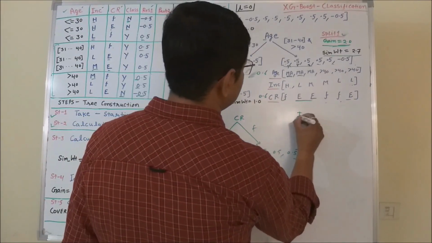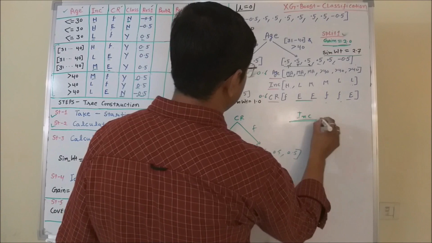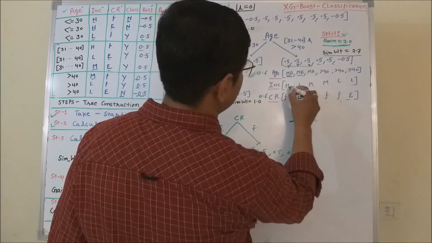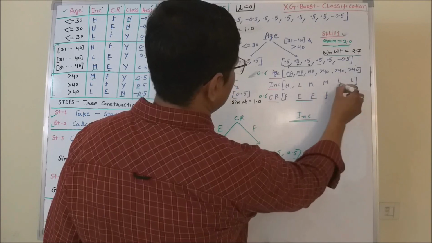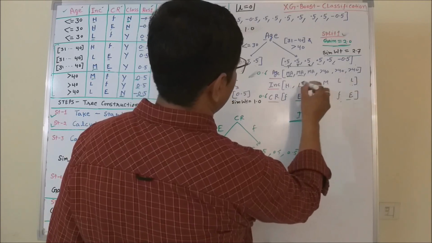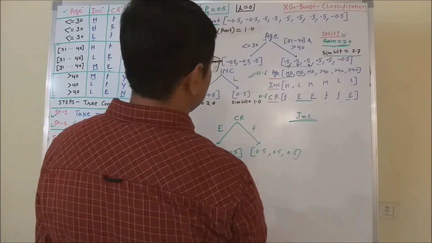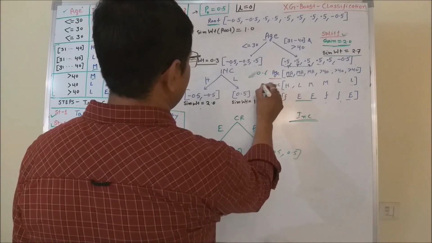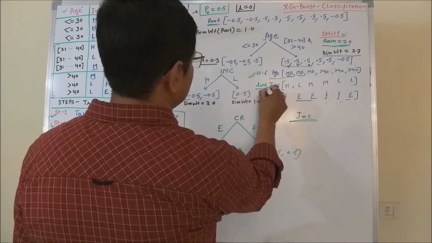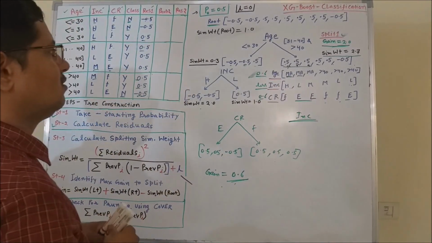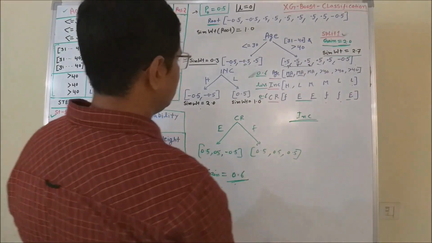Now for income, you may not get such a high gain because it contains three components: high, low and medium. Two low, two medium and one high candidate are there, so the value will be less. So we have to select between these two. Now let us just select age only.